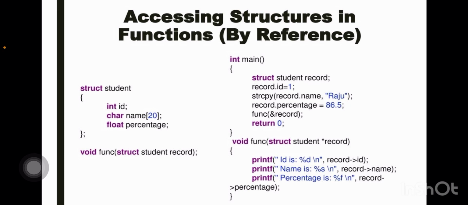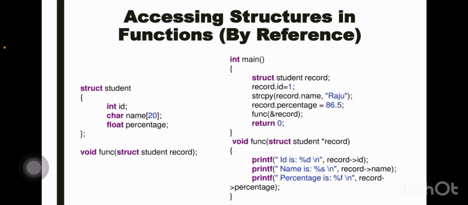As we have already discussed, the address-of operator just passes the address of the variable with which it is attached, and this statement will send the control to the function definition.